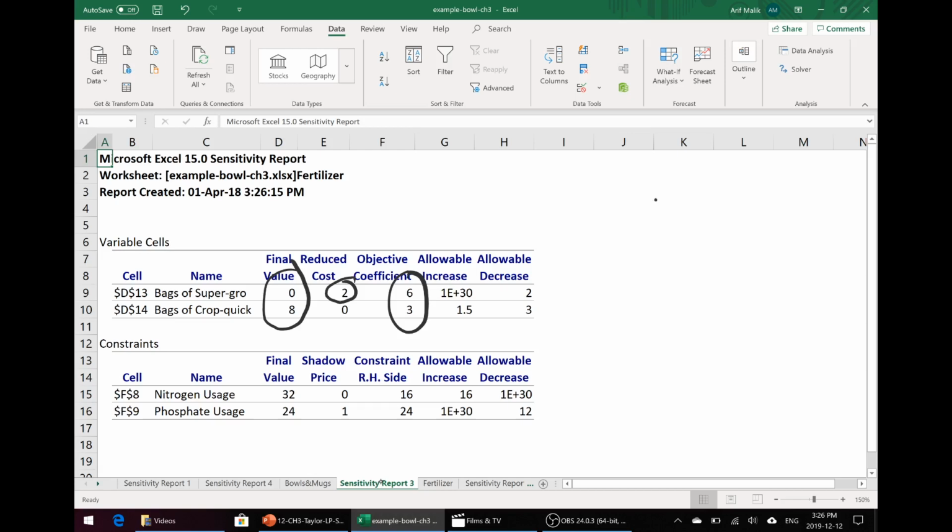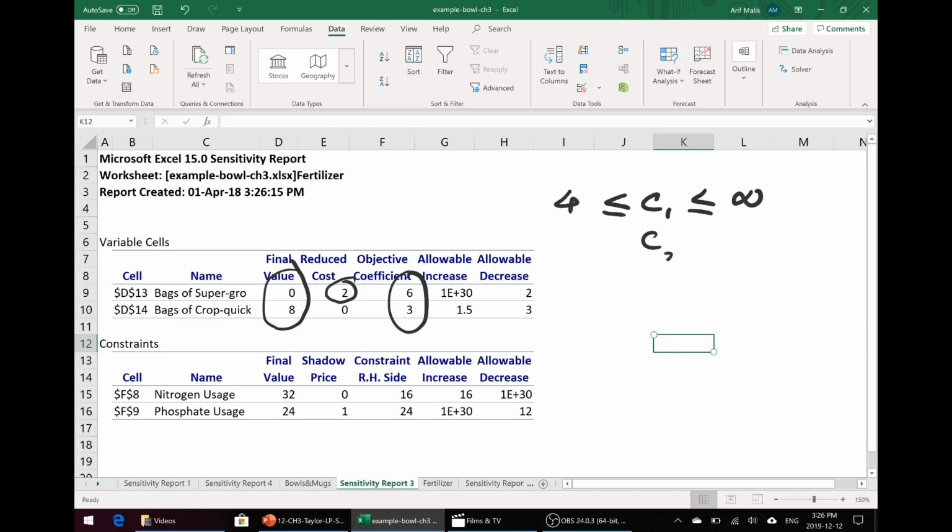range of the coefficients. C1 is telling us that the allowable increase for the first one is up to infinity, 10 raised to the power 30, and it can be reduced to 4.